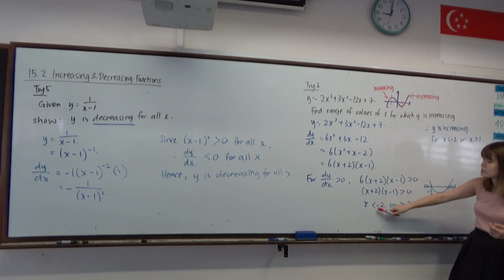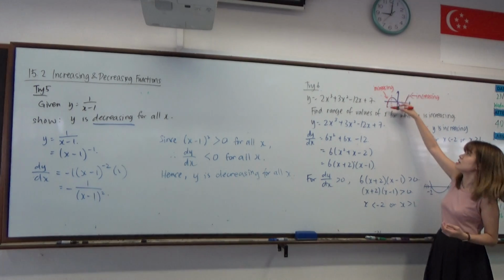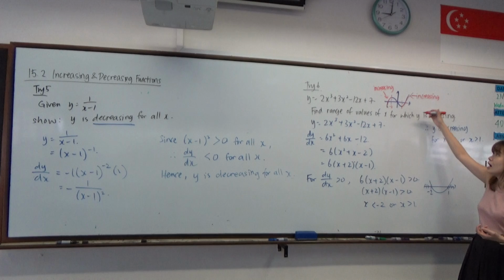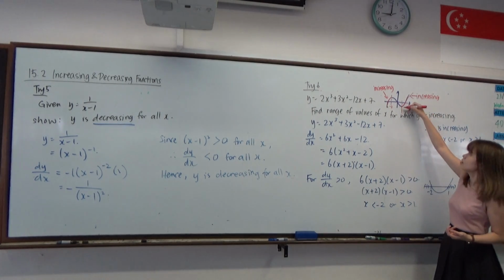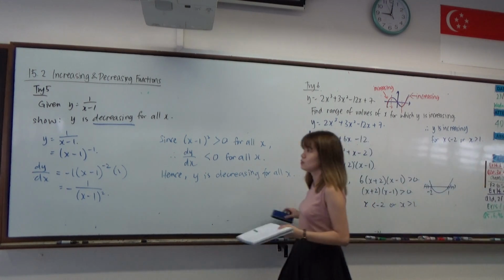It is when x is less than negative 2. When x is less than negative 2, we find that every part of it is actually increasing. And then when x is more than 1, every part more than 1, you find that it is increasing as well. So our understanding of all our maths concepts are consistent with one another.